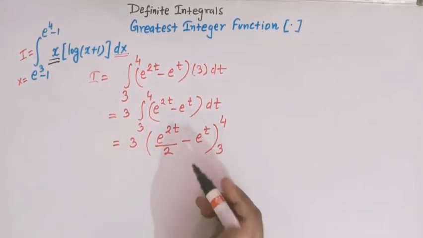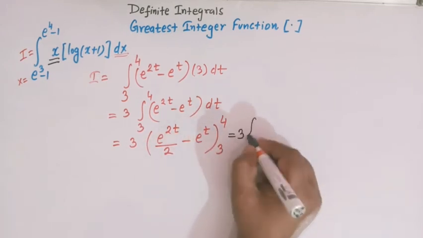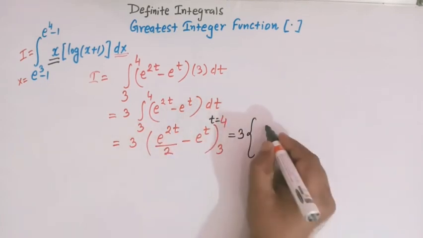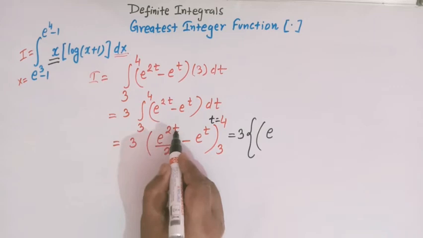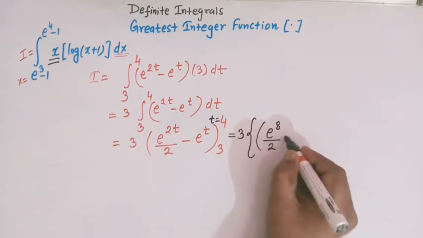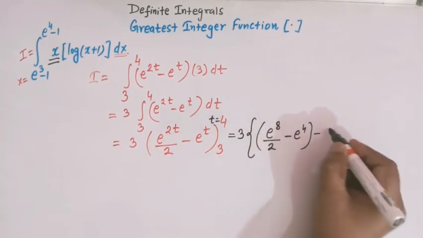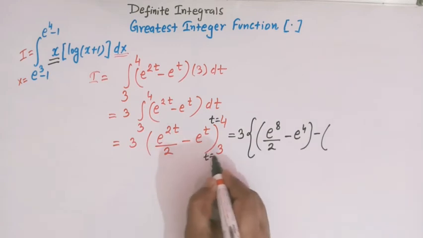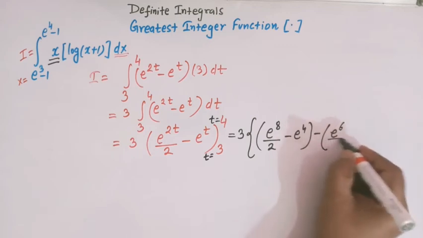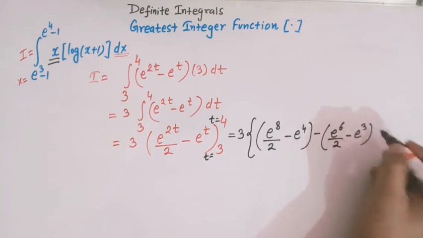So now we can simply substitute the limits. So we have 3, and let us first take t is equal to 4. So we have e raised to 2 times 4 is 8 over 2 minus e raised to 4, and minus, when we take t is equal to 3, we have e raised to 6 over 2 minus e raised to 3, right?